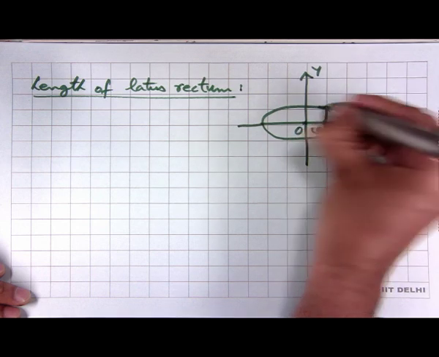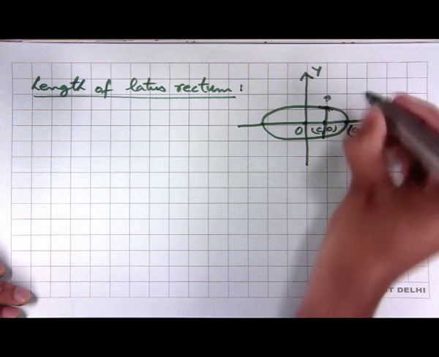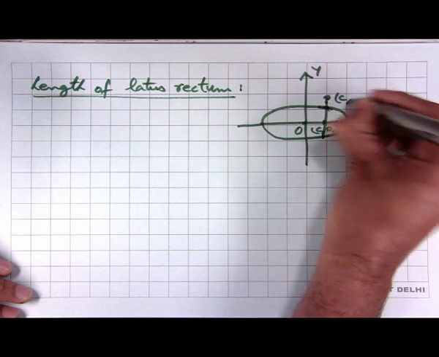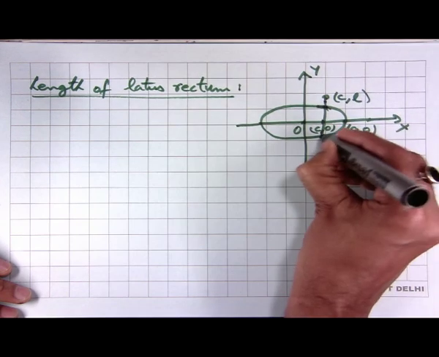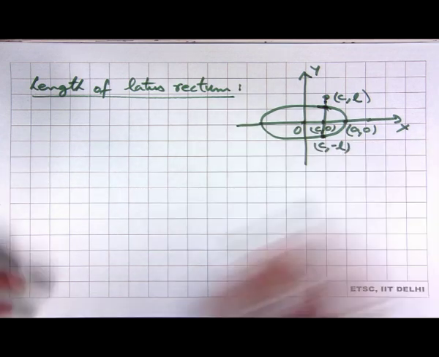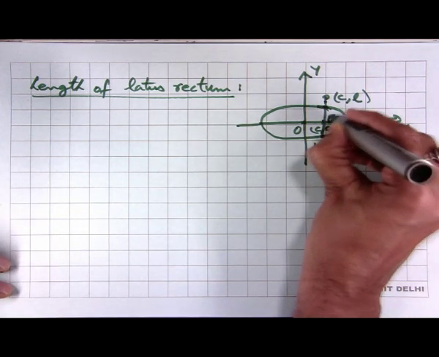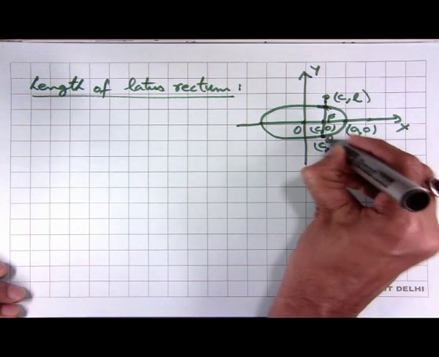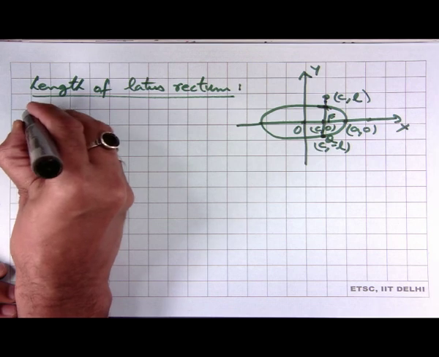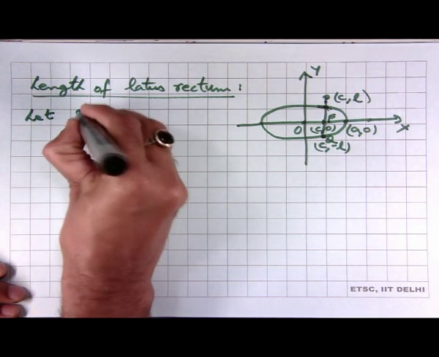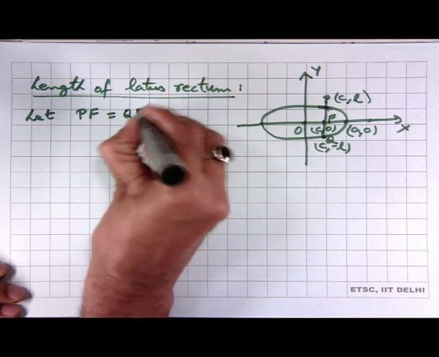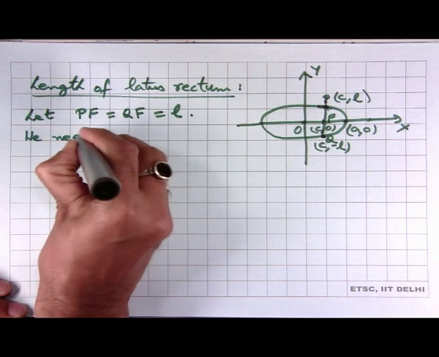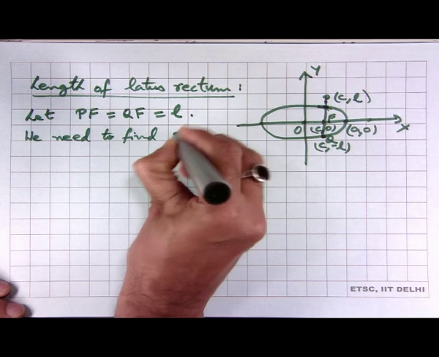Now, let us take this point P here, then P will have coordinates (c, l), and then this will be (c, minus l), this is let us say F. It is point Q. So, let PF equal QF equal l, and we need to find the length of latus rectum, which is 2l.